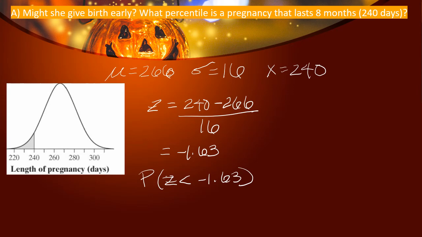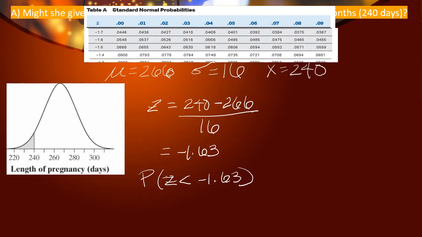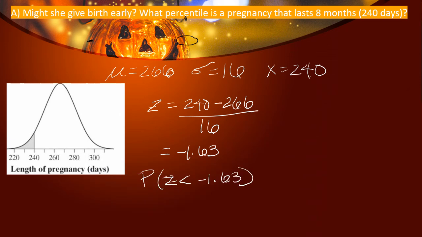Let me bring the table up here. I'm going to find my z-score of negative 1.63. So I'm going to go to negative 1.6 and 3, and so that looks like this to me. So 0.0516.